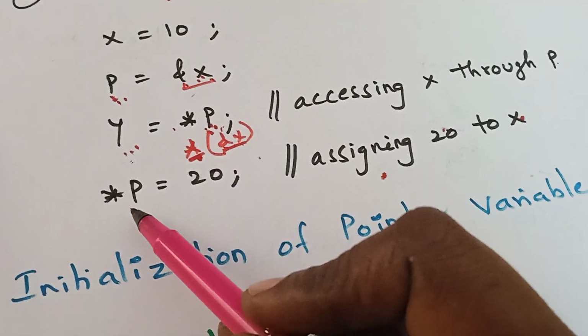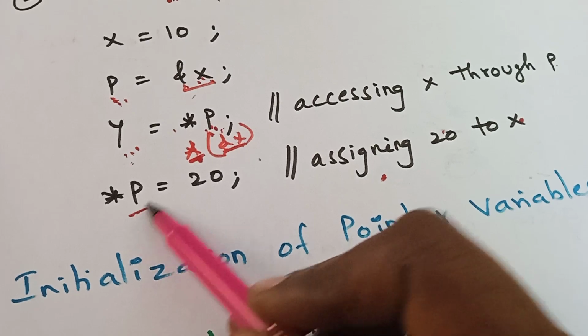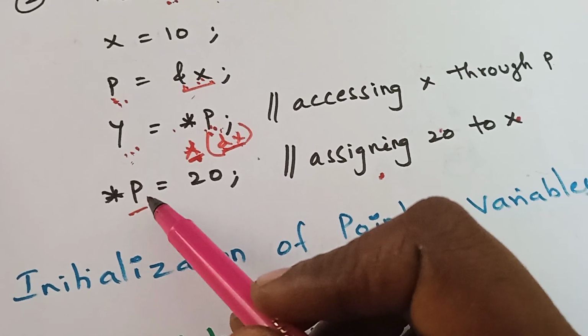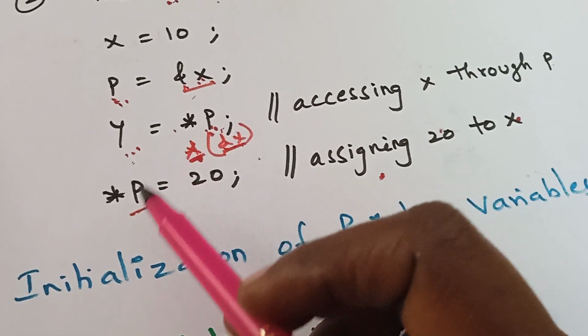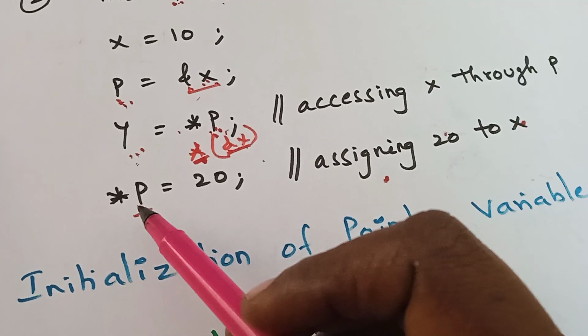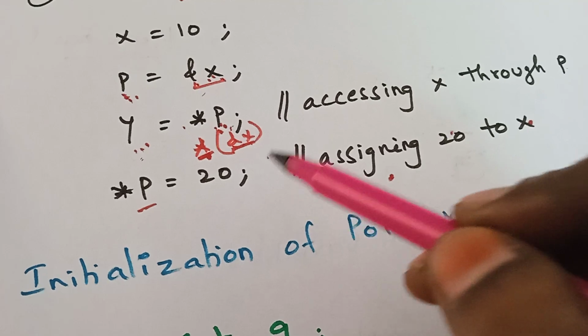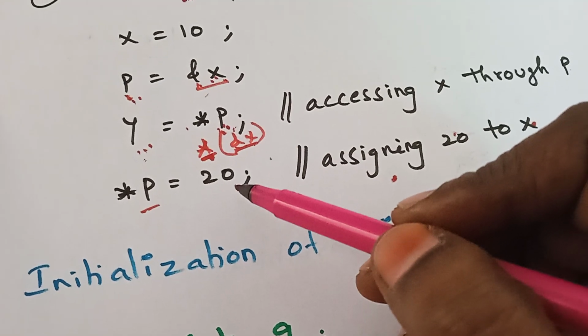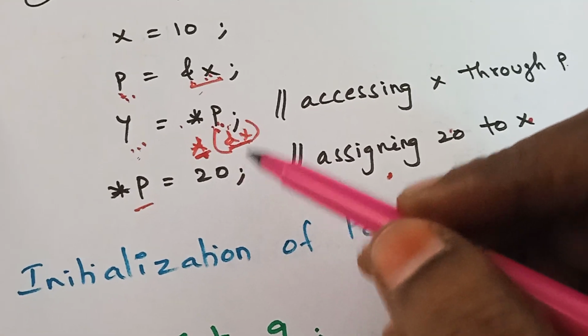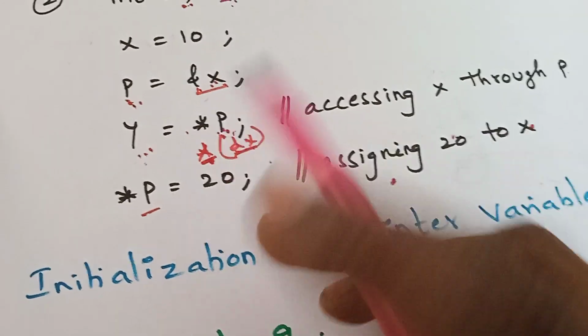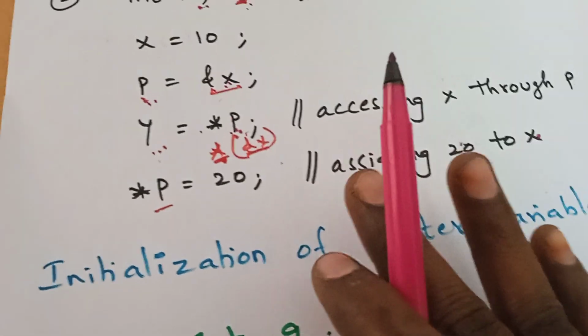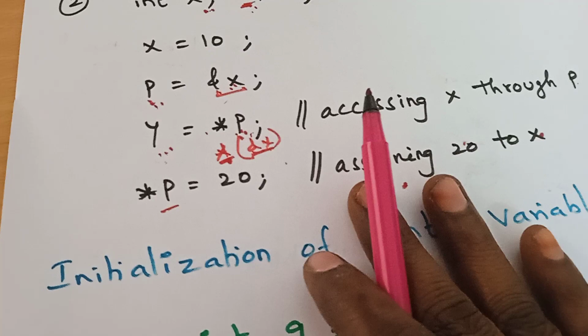You are not writing directly x here. You are accessing x through p. Star p is what? 20. So if you want to print the x value here, you can see the output which is 20, because I am operating x through p. So these are the valid declarations of pointer variable.